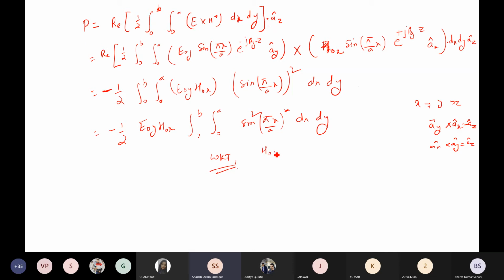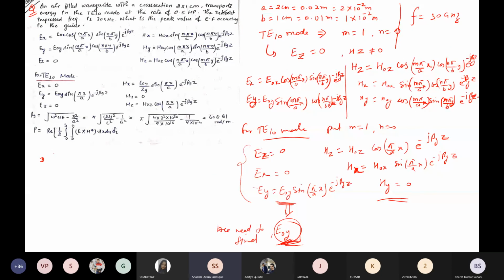So H naught x can be written as this one. ZG is equal to Ey upon Hx, minus Ey upon Hx. So this E naught y can be written as Ey upon Hx, so this can be written as E naught y upon H naught x. I'll take it out from this one.